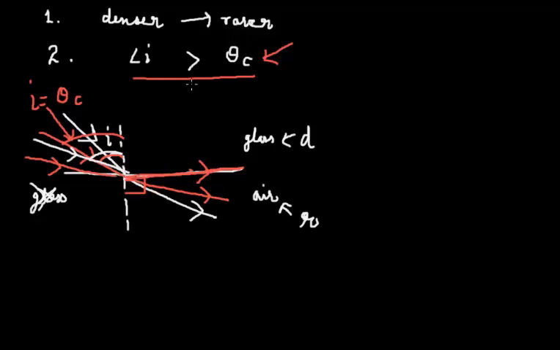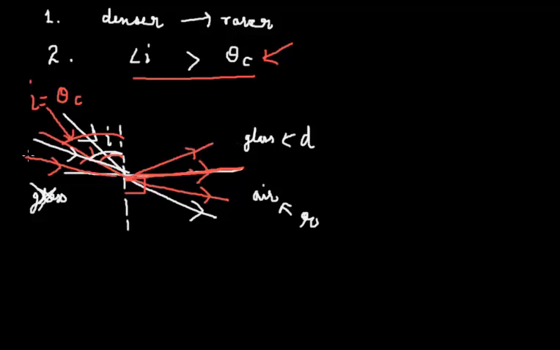And if we further increase the value of angle I beyond theta c or critical angle, the light ray will not refract, it will not go into another medium, but it will come back into the same medium. And when the light ray comes back into the same medium, we use the term reflection, not refraction.